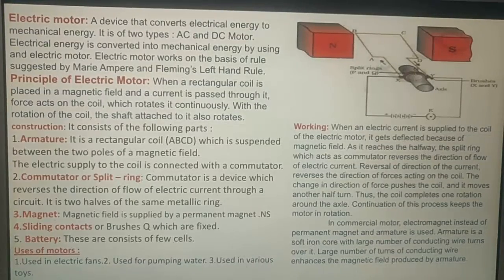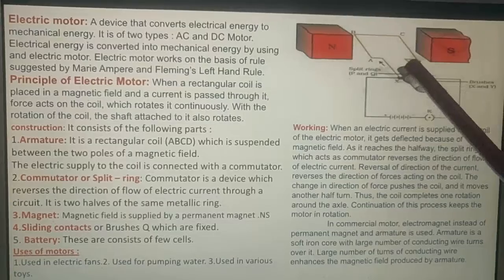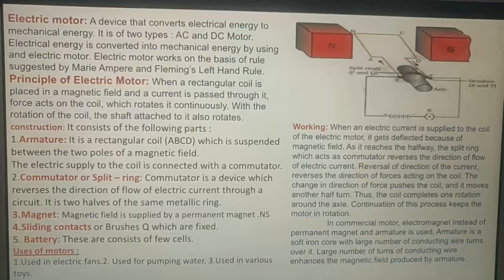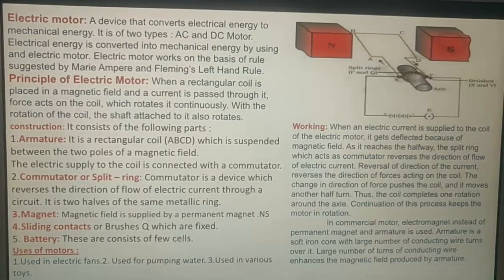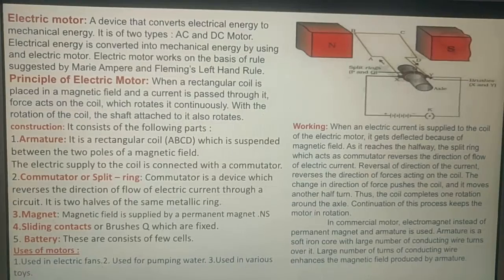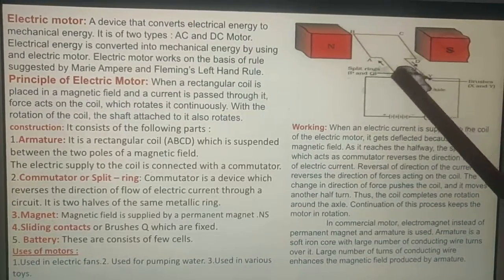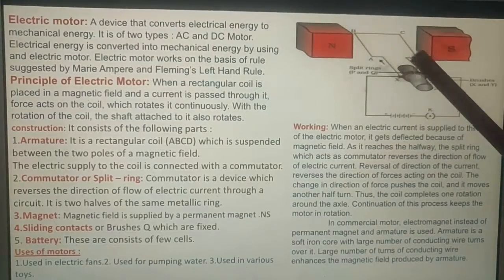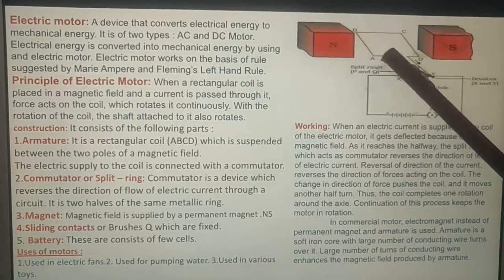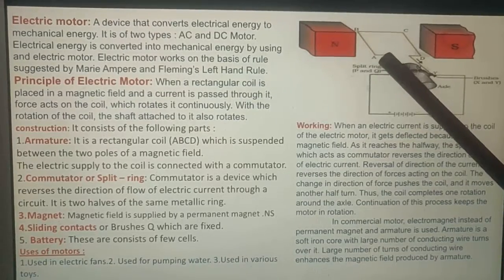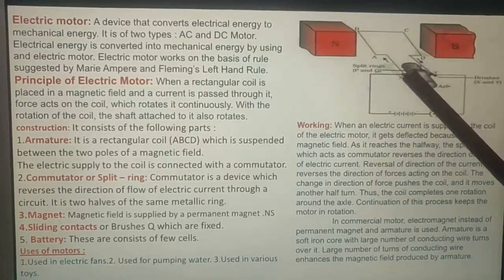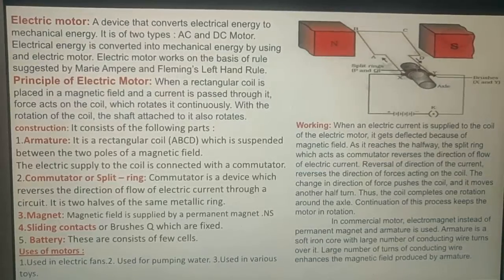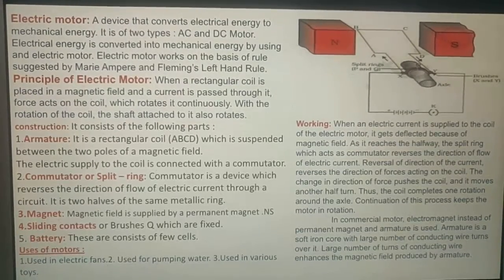As this reaches the halfway, this means this armature is moving halfway, the split ring, which acts as a commutator, immediately reverses the direction of current. Firstly it is moving from A to B, and when this reaches halfway, the current will start flowing from B to A. The direction will reverse, and this will continue.